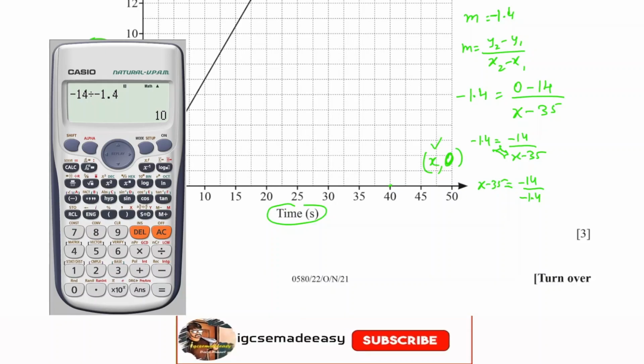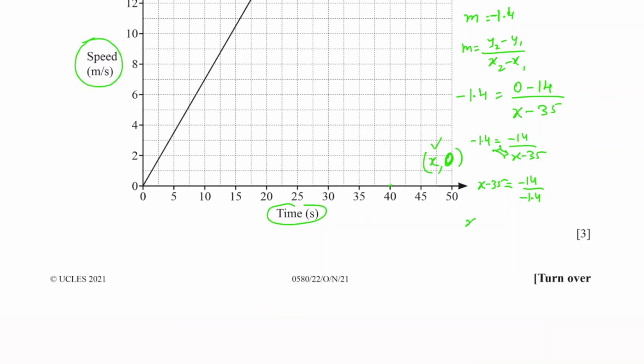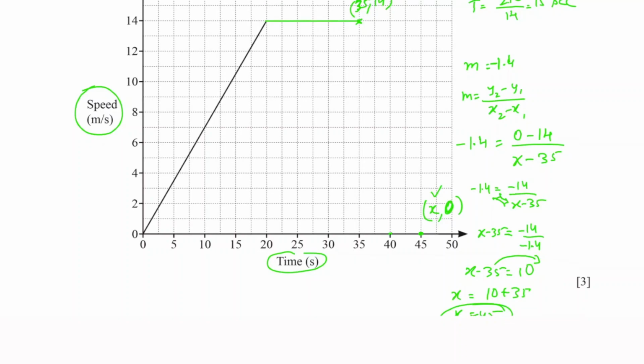So x minus 35 is 10, positive 10. So the value of x will be equal to 10 plus 35, which is 45. So what is the value of x here? 45. So 45 is the point where the car will stop. I hope you understand. The value of x is 45.